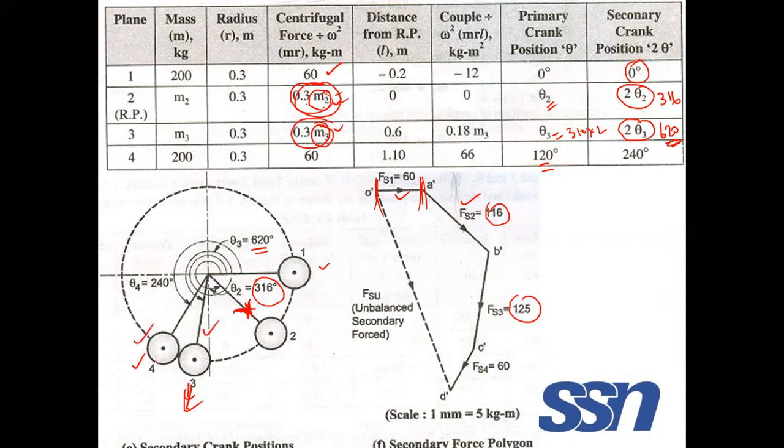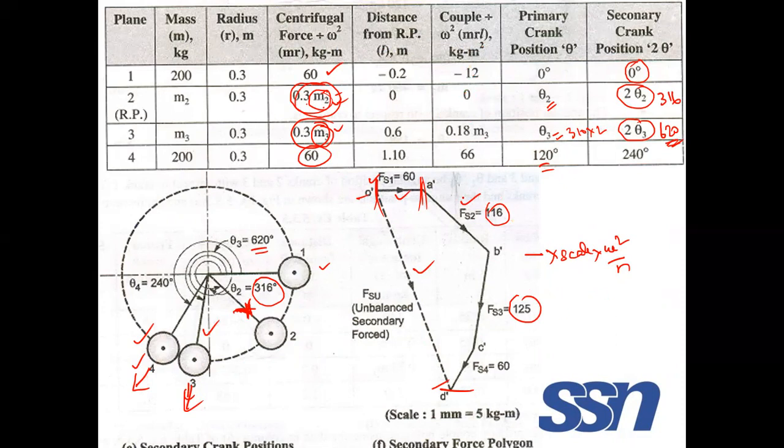Then the fourth one. What's the direction? This one. What is the value? 60. You draw. So now this is a starting point, and this is an end point. This is unbalanced. You measure the distance, multiply with the scale, multiply with omega square divided by n. Why divided by n? It's a secondary force. While calculating couple, we have not included the n value.